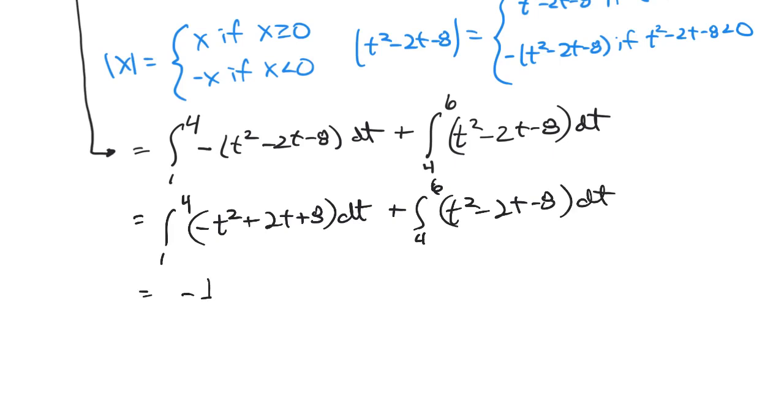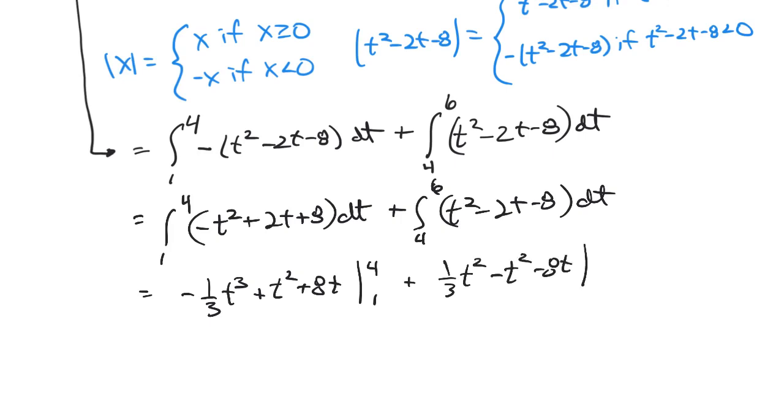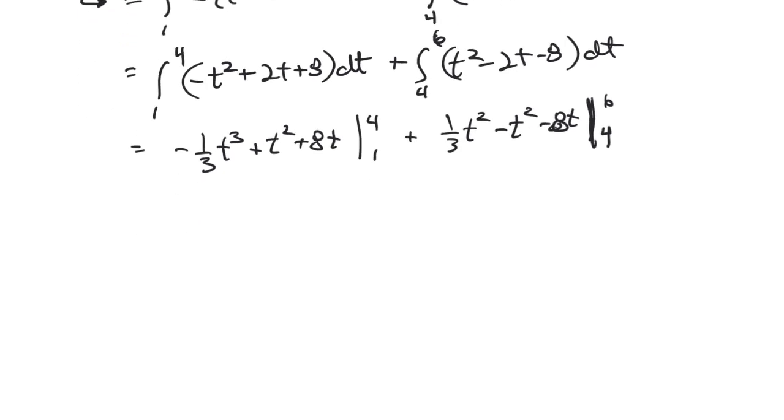So this would be negative 1/3 t cubed plus t squared plus 8t from 1 to 4, plus 1/3 t cubed minus t squared minus 8t from 4 to 6. Okay, so if this is a test question, I need one more step, because I need to be convinced that you're not going to reverse these limits, and students reverse them all the time. So if you do one more step, then I'll know that you know exactly how to do the calculus.